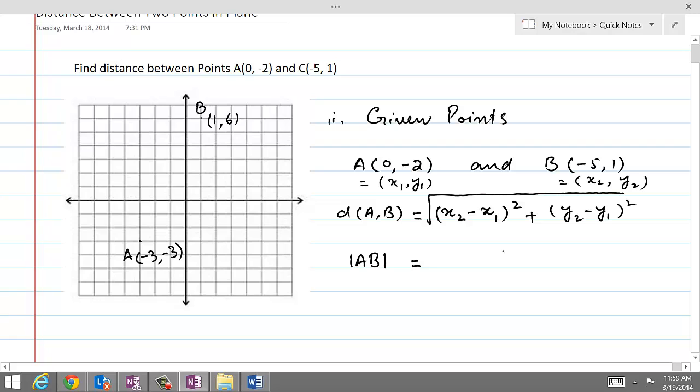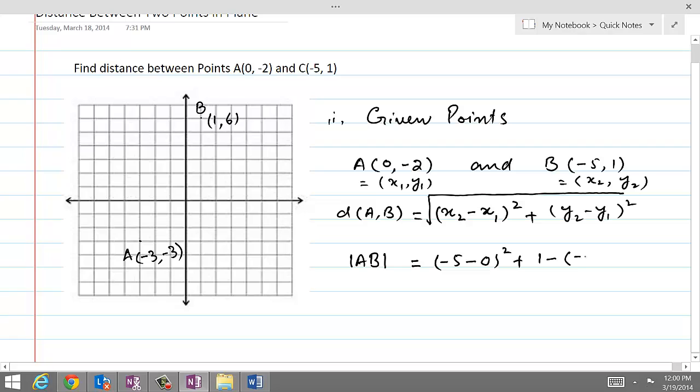And here x2 minus x1 means -5 minus 0, whole square, and then y2 is 1 minus, this minus belongs to the formula. There is another minus with the number 2.